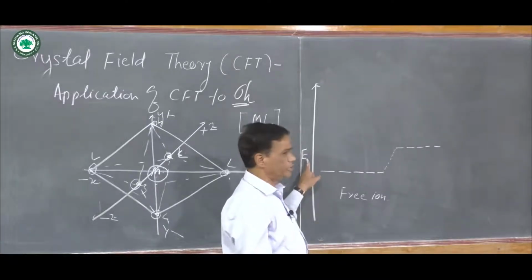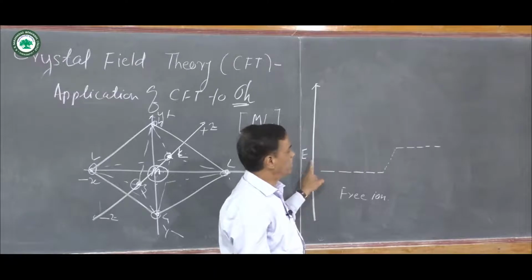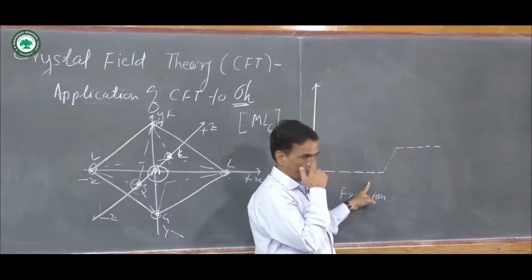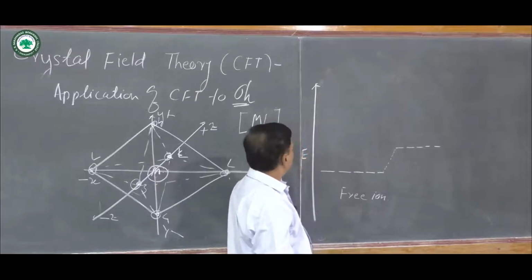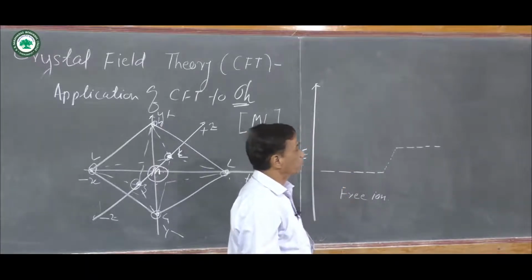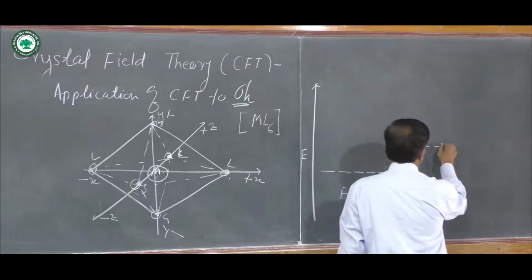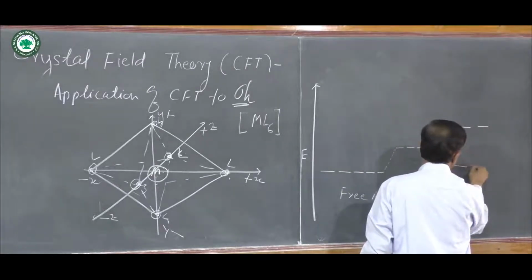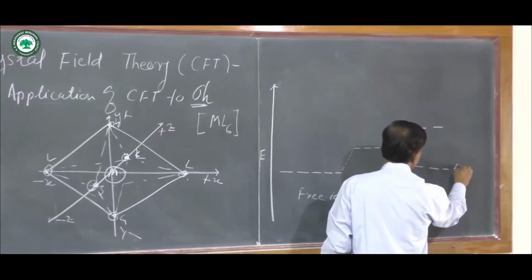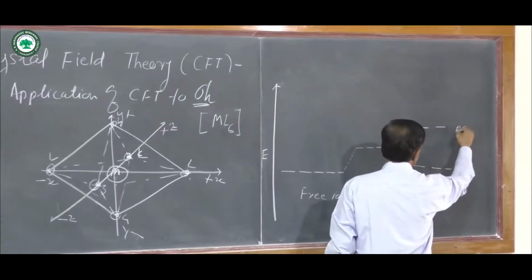But when there is formation of an ionic bond between metal and ligand, 5d orbitals split into 2 sets. One is called Eg and second is known as T2g.